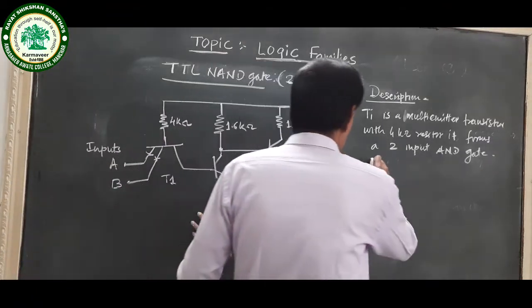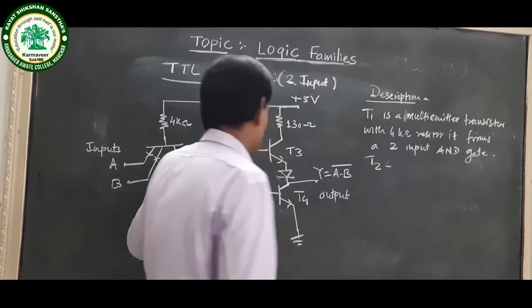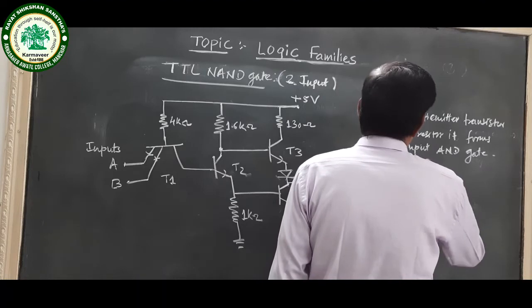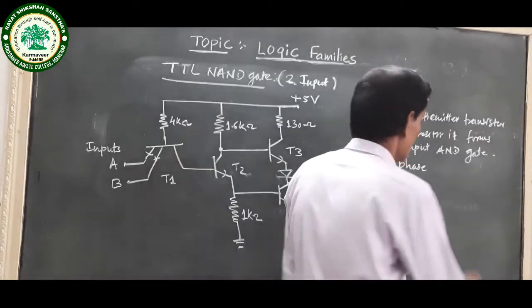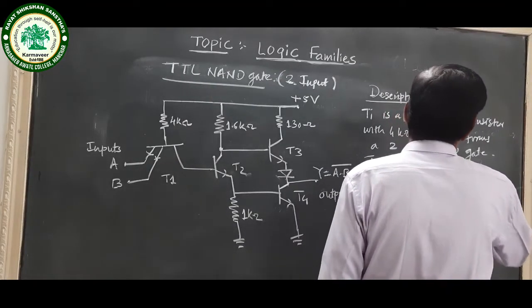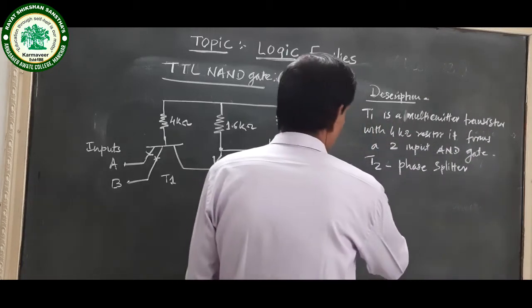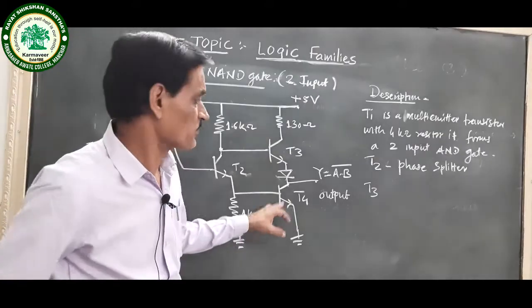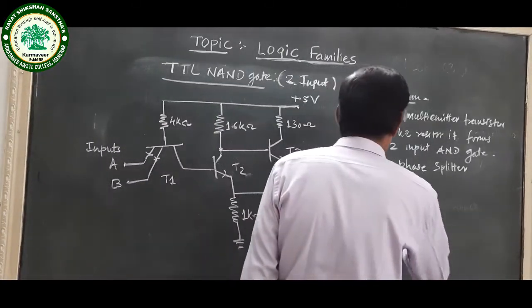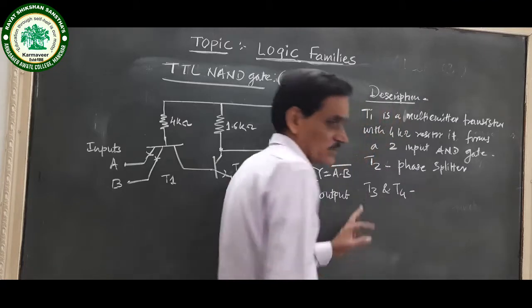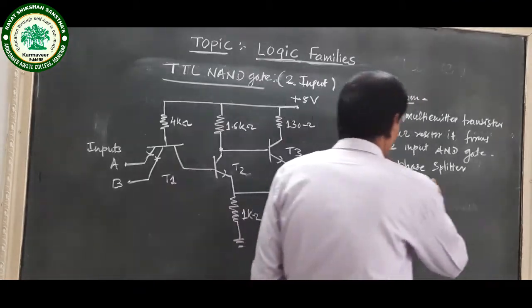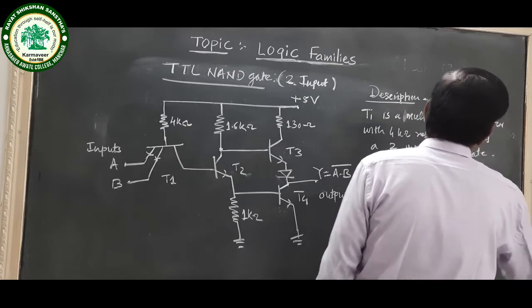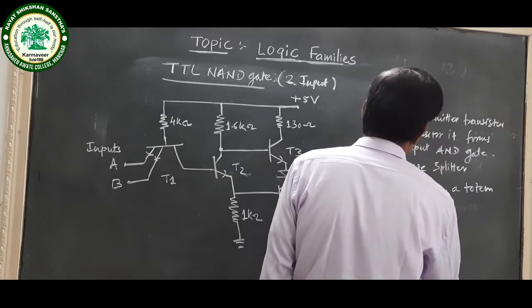In this figure, T2 will function as a phase splitter, while the transistors T3 and T4 form a totem pole output stage.